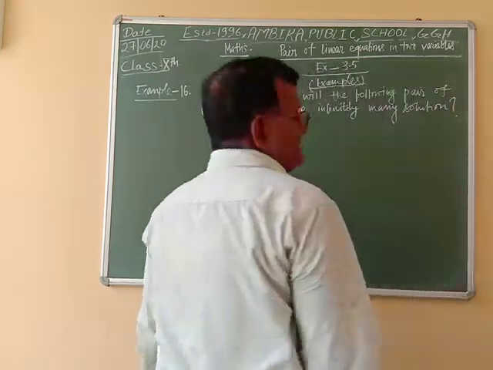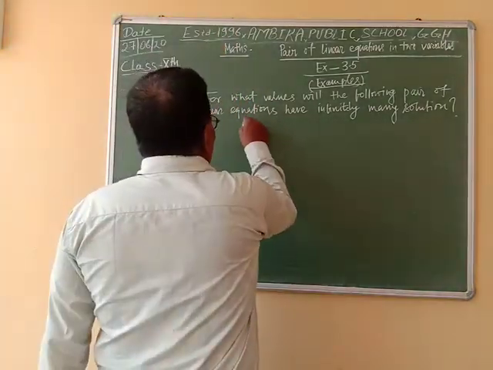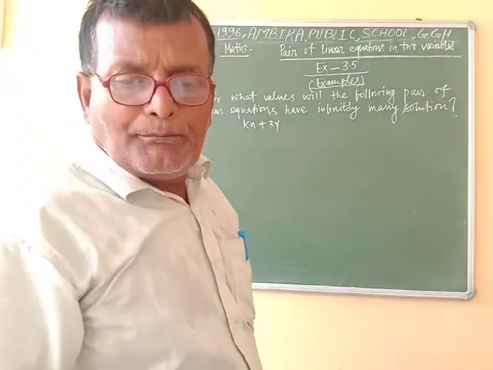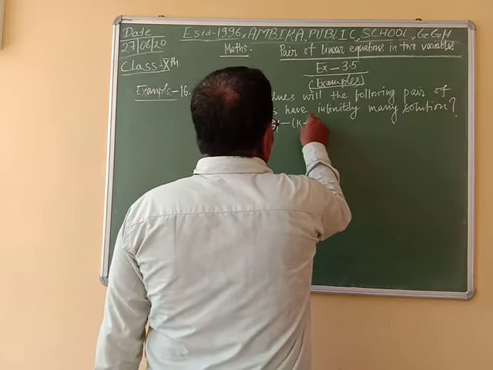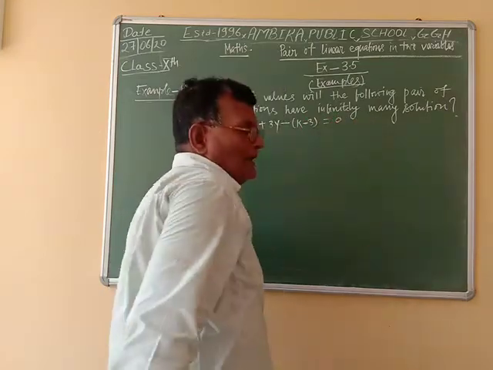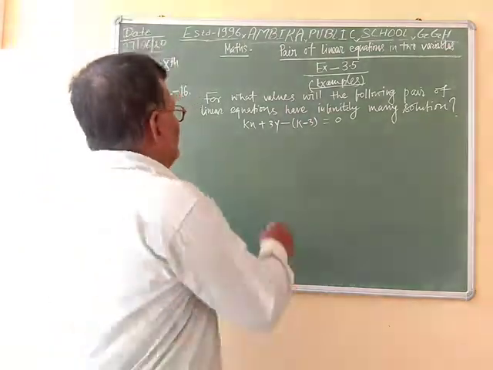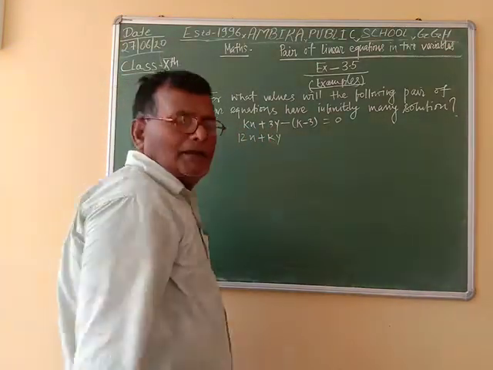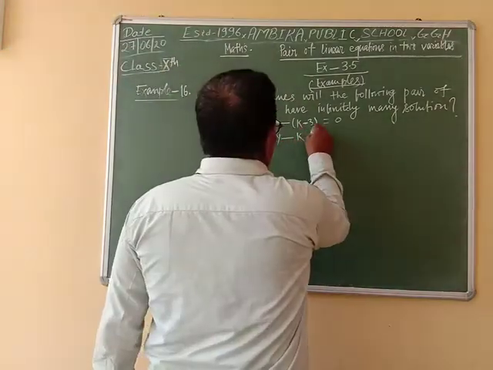The equation is kx plus 3y minus k minus 3 is equal to 0, and the other equation is 12x plus ky minus k is equal to 0.